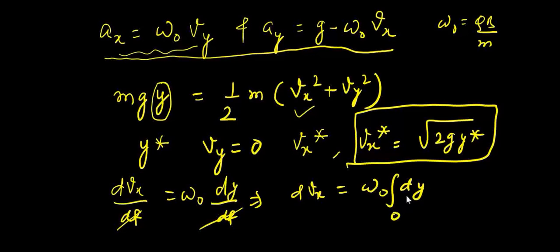Putting the limits of the right-hand side variable y from 0 to y star and vx from 0 to vx star, we get vx star equals omega naught y star.